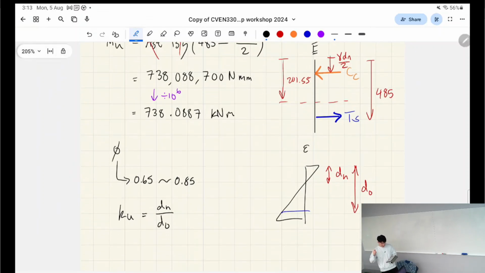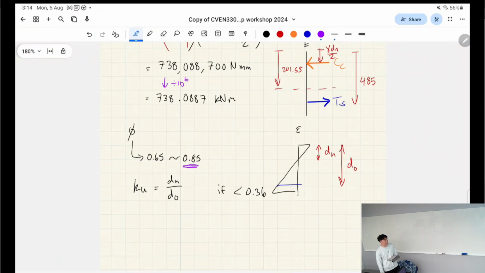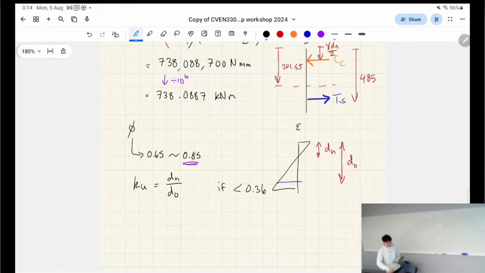Okay, so this ratio has to be basically the lower the better, right? So if it's beneath 0.36, it basically means that it's fully ductile, right? Which means that your capacity reduction factor is 0.85, right? But if it's above 0.36, we have to linearly interpolate it, which I'll show you how to do in a second.